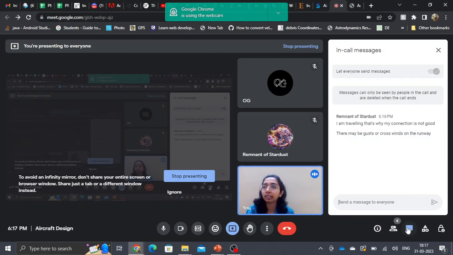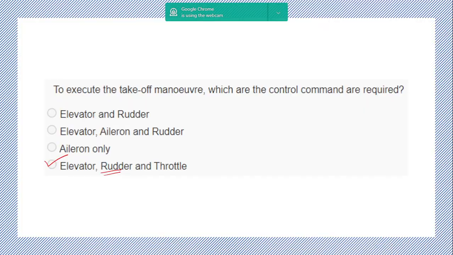Can you think of any forces that will try to yaw the aircraft or roll the aircraft? Anything that disturbs it from its straight line? Okay, so what is the power plant of this aircraft?